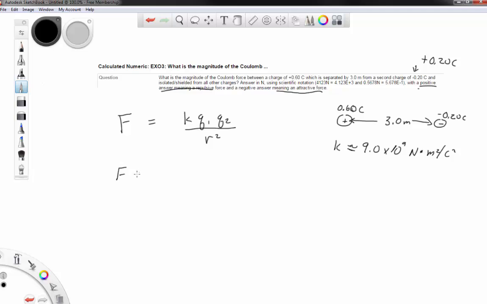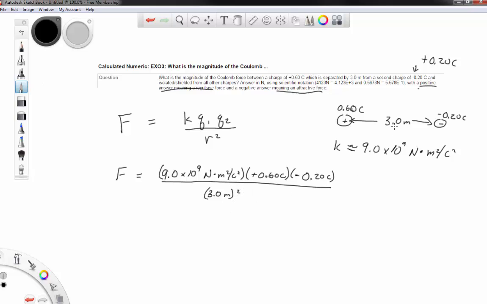So this says that the force should be 9.0 times 10 to the 9th Newton meters squared per Coulomb squared. That needs to be multiplied by plus 0.6 coulombs, and that is times minus 0.20 coulombs, and then we divide everything by this 3.0 meters quantity squared.